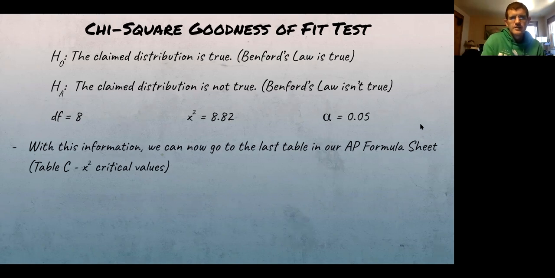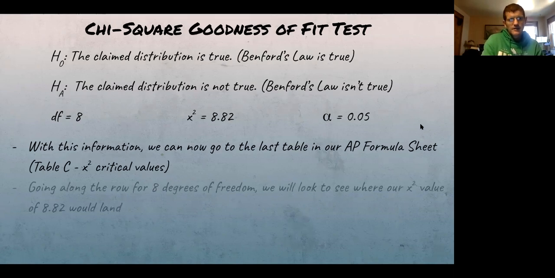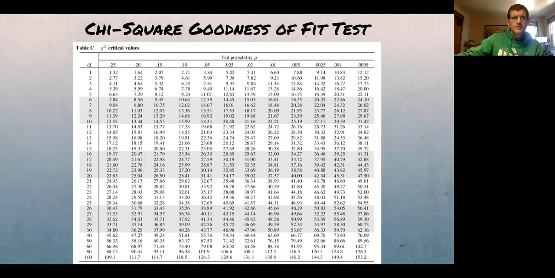So we're going to look at table C, which is your chi-square critical values. I'm going to bring that up on the next page in a second. But what we want to do is look at the row for 8 degrees of freedom and see where our chi-square value of 8.82 would land. And this is what it looks like. The only thing you're missing from this is the actual chi-square distribution, which I'll talk about later. So of course, I've got row 8 right here, 8 degrees of freedom.